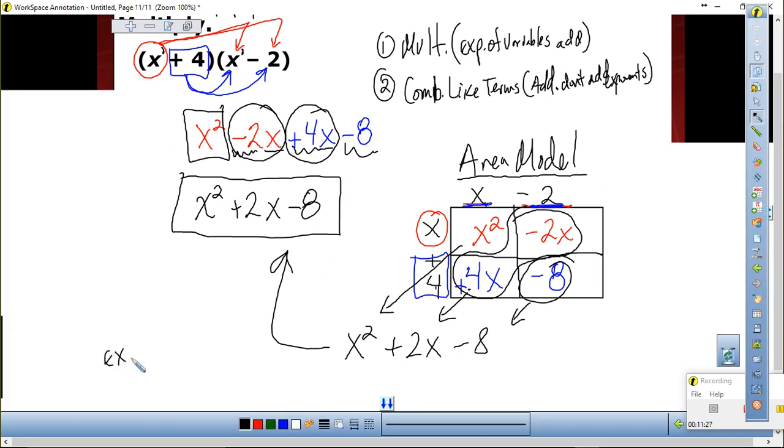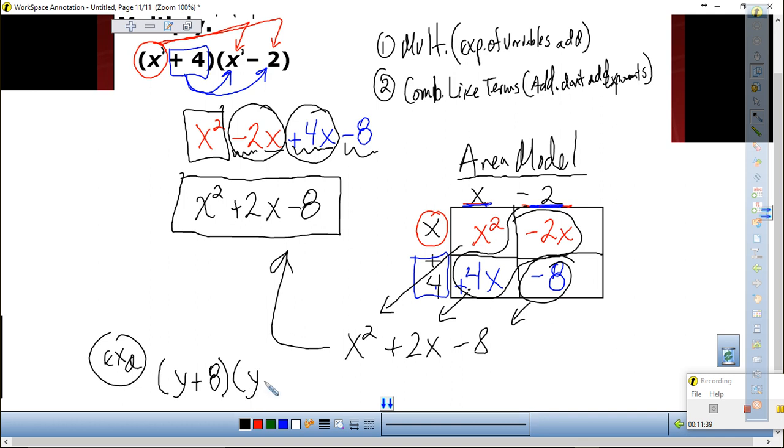Example Q. I want you to multiply parentheses y plus 8, close parentheses, open parentheses y minus 5. All right. So I want you to find me the product of that using the distributive property and area model. Ready? Go. I'll leave that up there so you can have it as a reference.